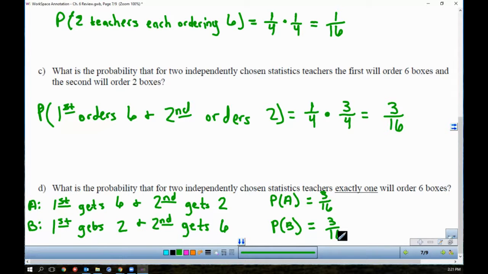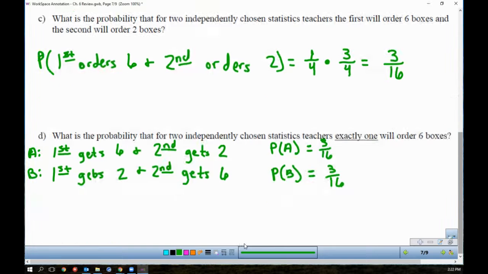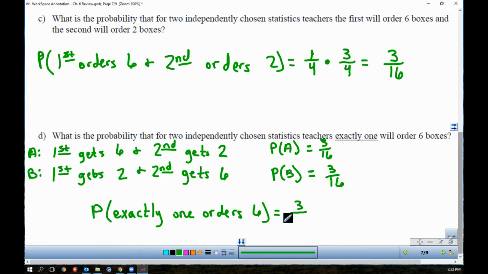Either the first one's getting 6 or getting 2, and the same thing with the second. So to get the probability of exactly 1 ordering 6, we simply add the probabilities. That would be 6/16, which reduces to 3/8.